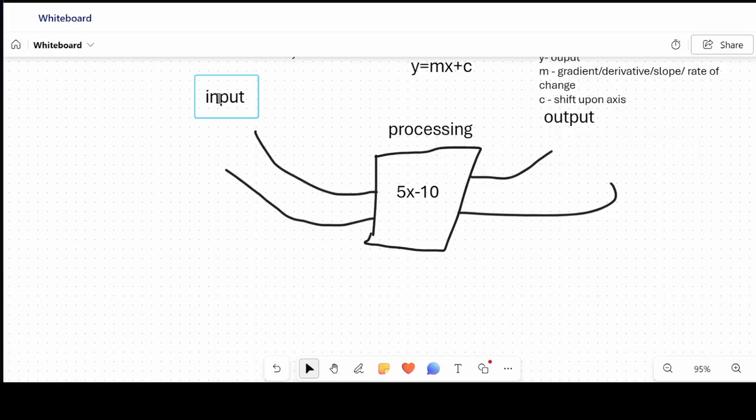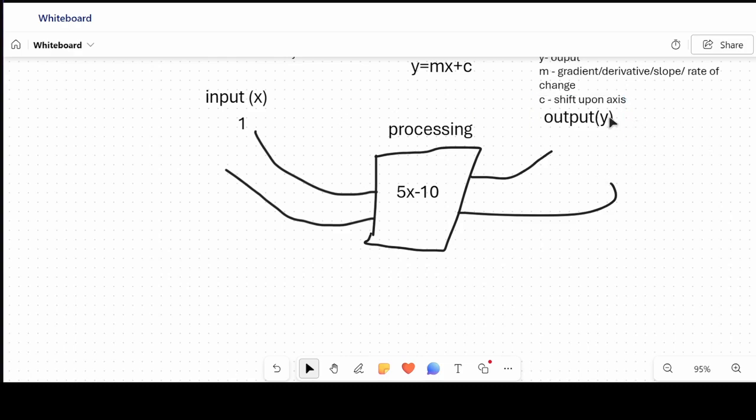So if we were to put in, for example, 1, right? Let's just put in 1. And the output y. We put our input 1 into this. So 5 times 1 is 5, minus 10 is minus 5.